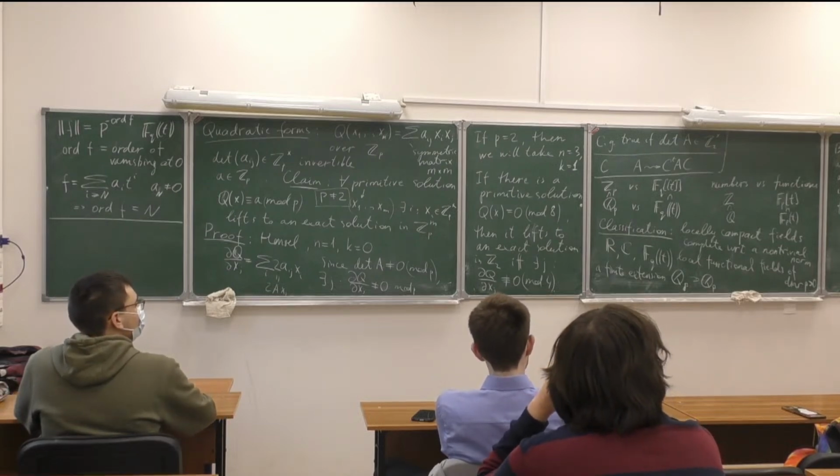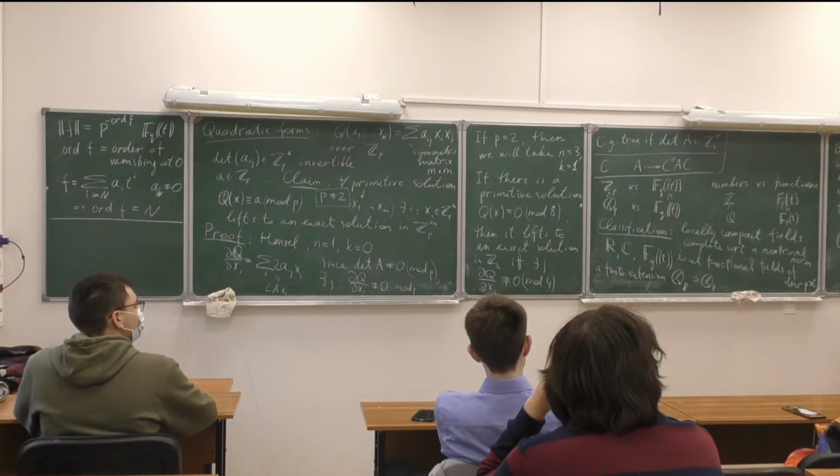Why points? Well, if we consider, say, this ring, then its maximal ideals are just numbers. So the points of the line.